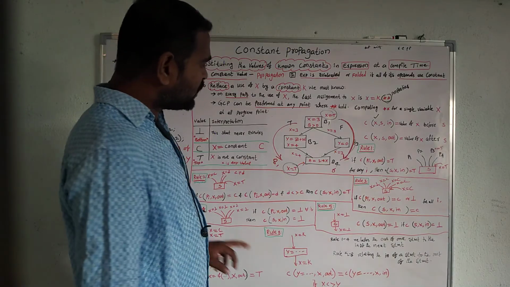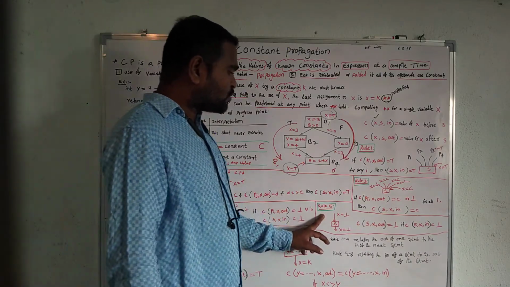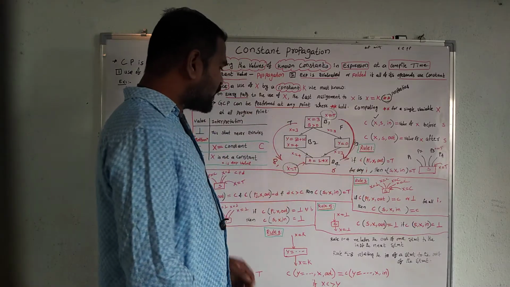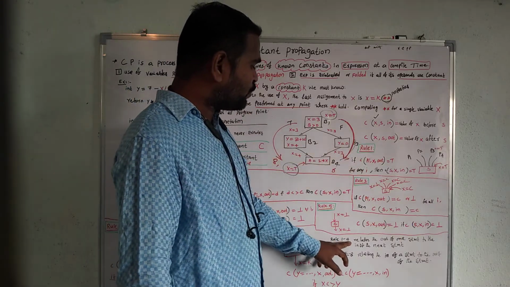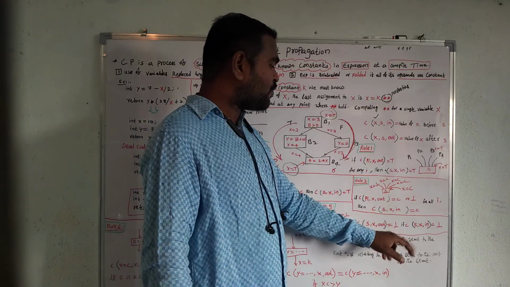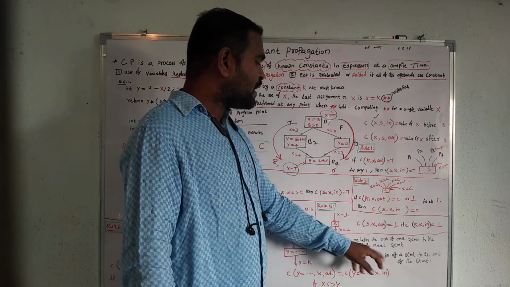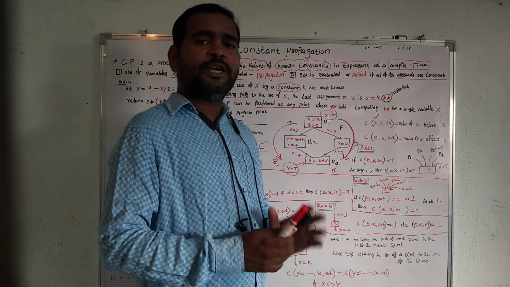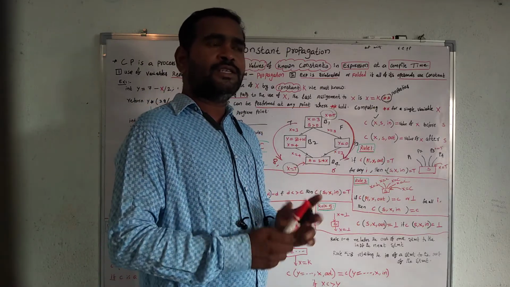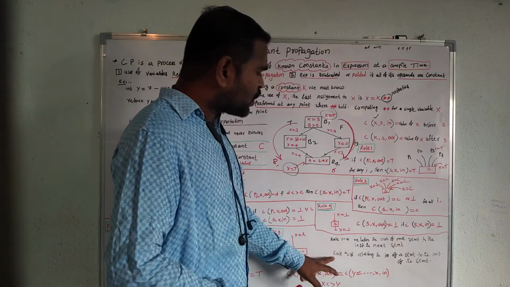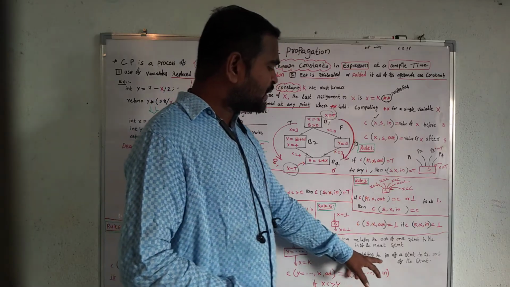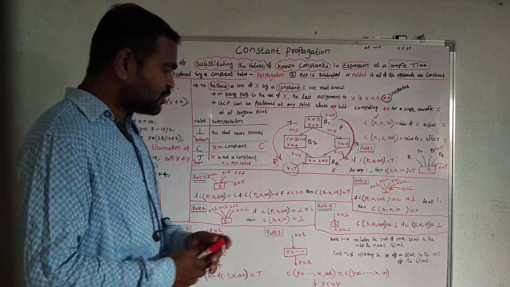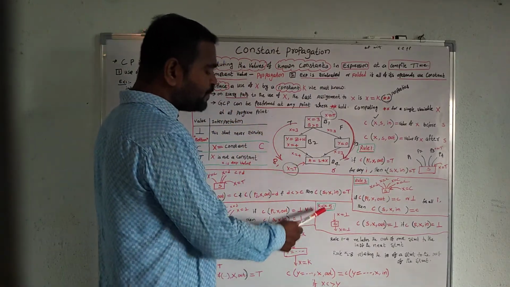And the next one is rule number 5. In rule number 5, what happened up to rule number 1 to 4? Rules 1 to 4 relate the out of one statement to the in of the next statement. And rules 5 to 8 relate the in of a statement to the out of the statement. Please observe rule number 5.